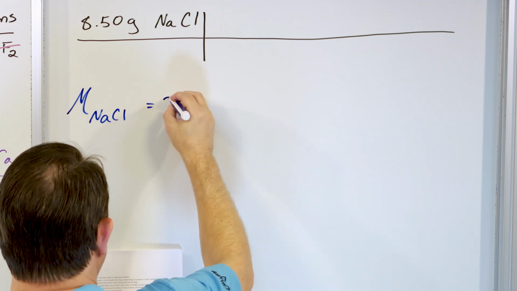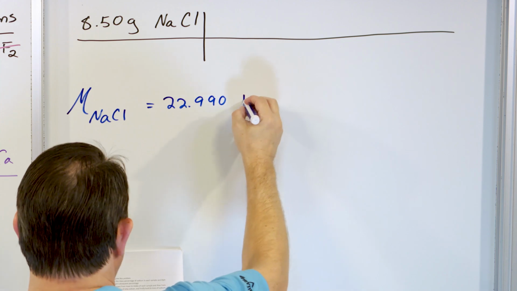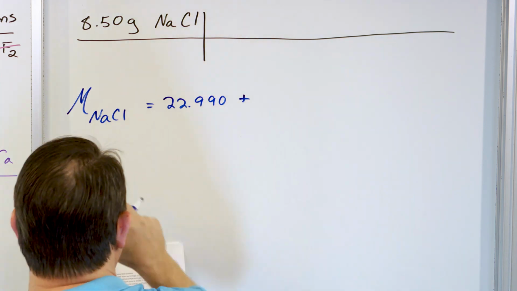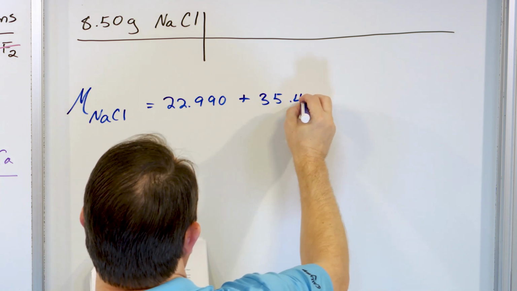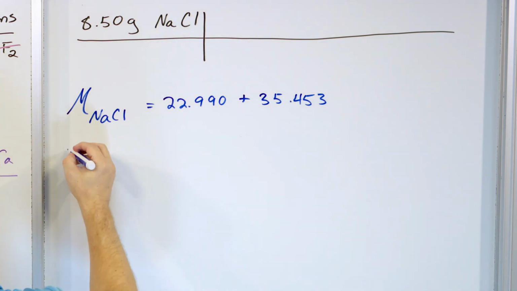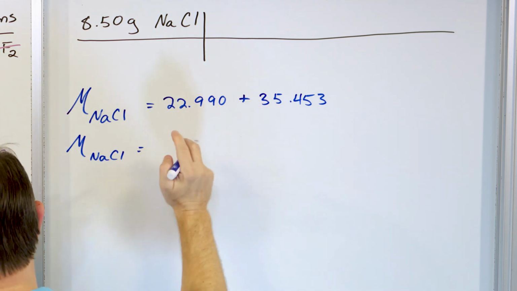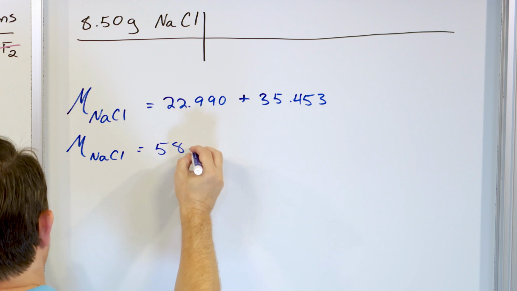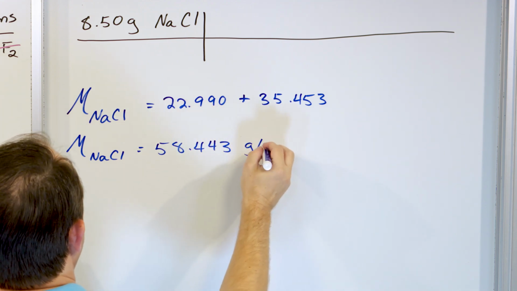I'll say 22.990, in grams per mole. And then I'll add to that, because there's only one atom, the chlorine, which is 35.453. And this is also in grams per mole. So the molar mass of NaCl, when you add these 2 numbers together, you get 58.443, and that's grams per mole.